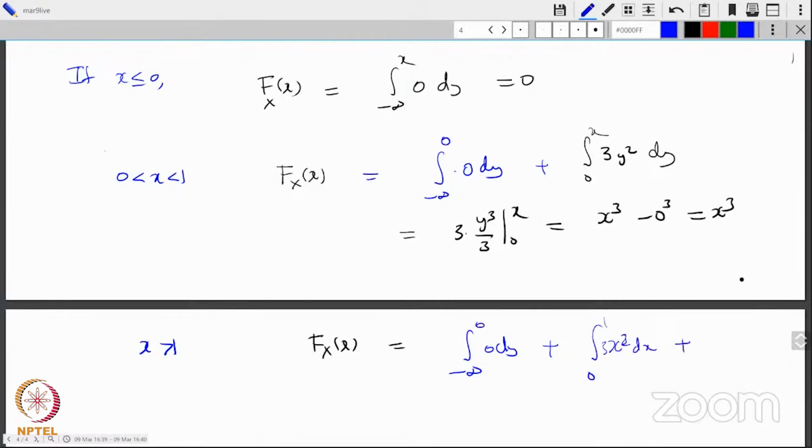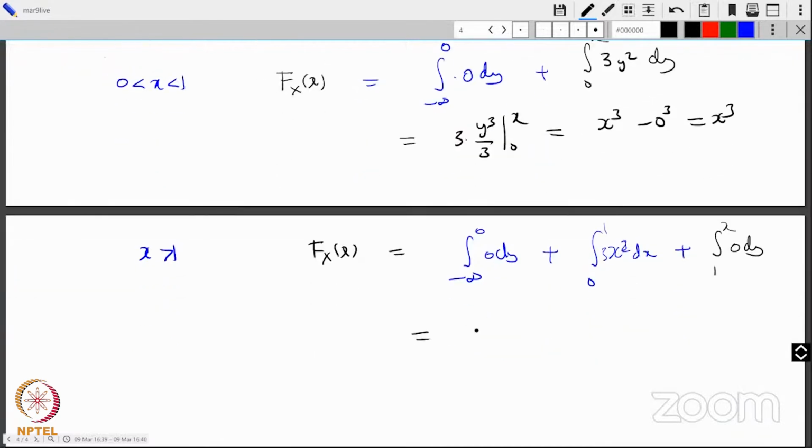And plus the rest of the part is from 1 to x, and here it's 0 dy. The function is 0 again. So that part is going to be 0, and this is going to be x cubed from 0 to 1, and that's just 1 cubed minus 0 cubed, and that's just 1.